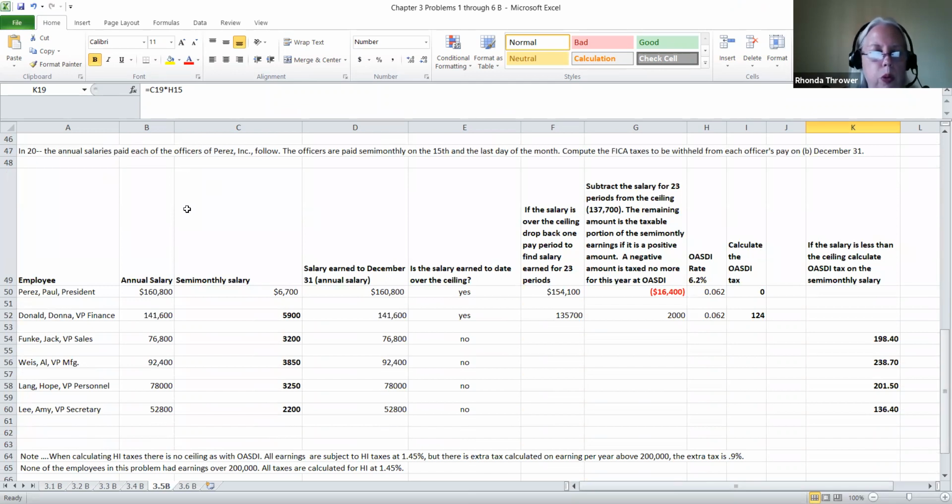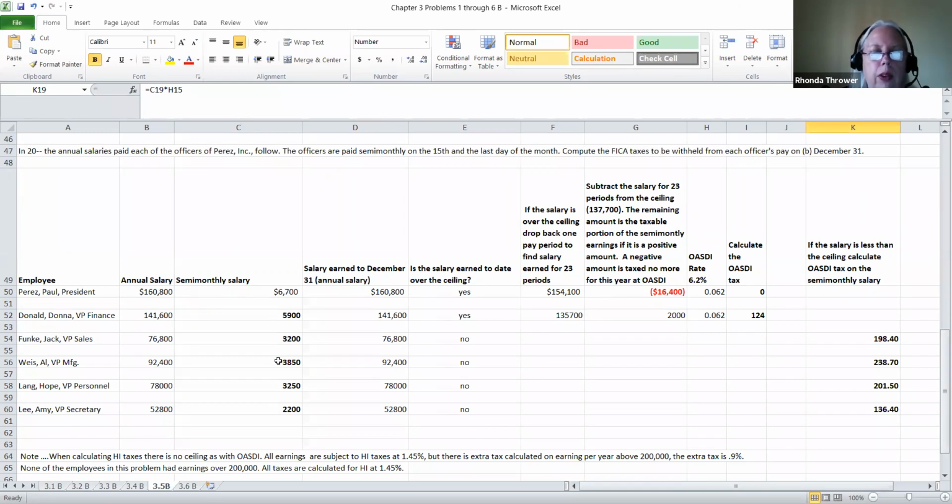There's a second portion to this problem, which you have to go through all the steps again. The second portion of the problem states that you're going to determine the amount of taxes that would be withheld on December 31st. So that's annual.